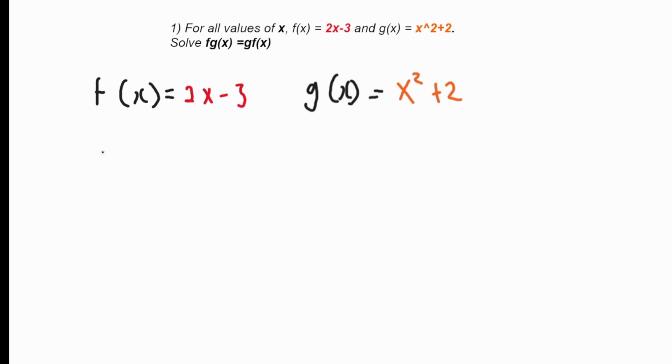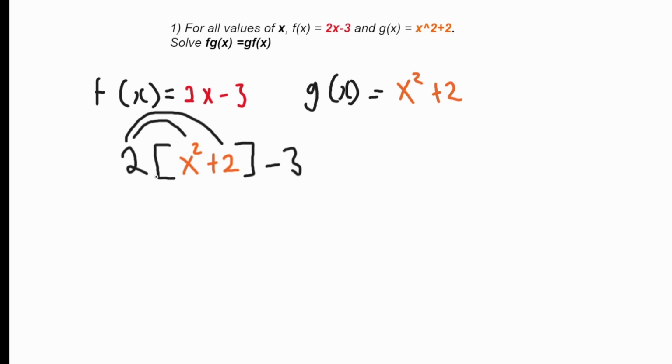So you're going to get 2 times x squared plus 2, and that is going to be minus 3. Expanding it out, you're going to have 2x squared plus 4 minus 3, which is going to be 2x squared plus 1.